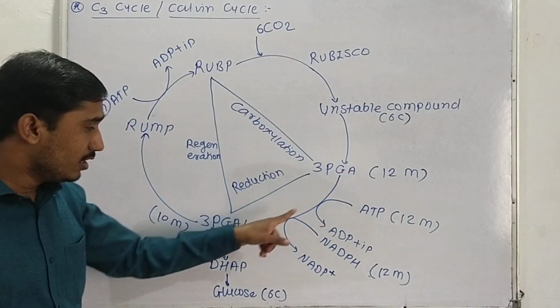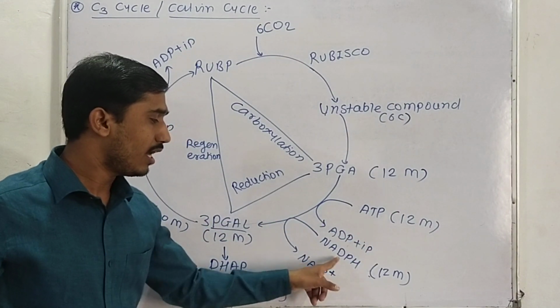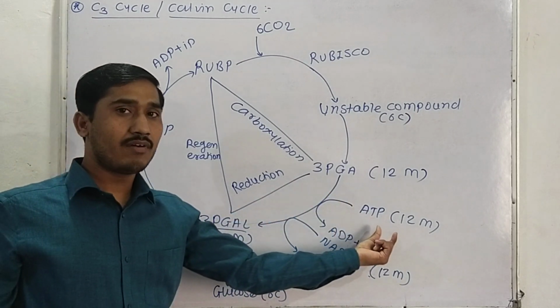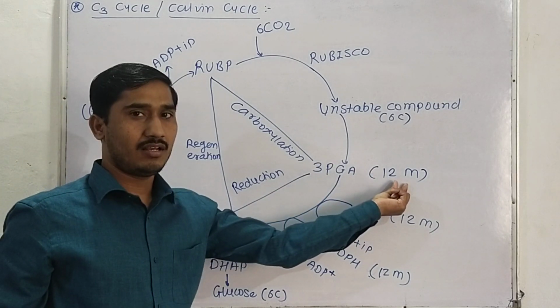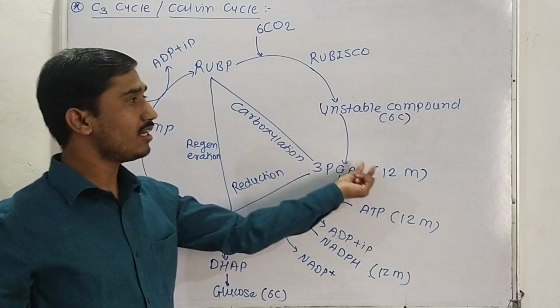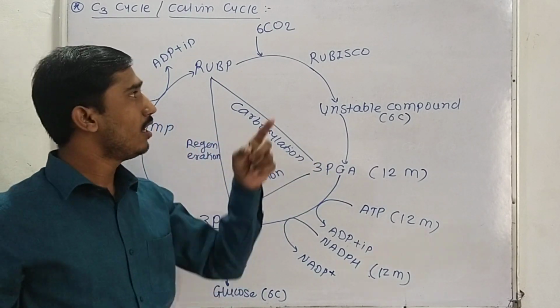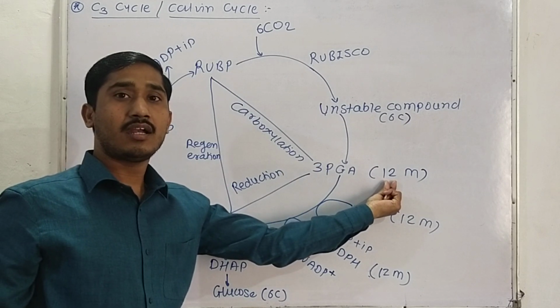Then PGA is reduced to PGAL by utilization of ATP and NADPH. Here, how many ATP are required? 12 ATP, because PGA molecules are 12. And how are these 12 PGAs there? From 1 CO2, there is a formation of 2 PGA. Here we are using 6 CO2, that's why the total molecules of PGA are 12.